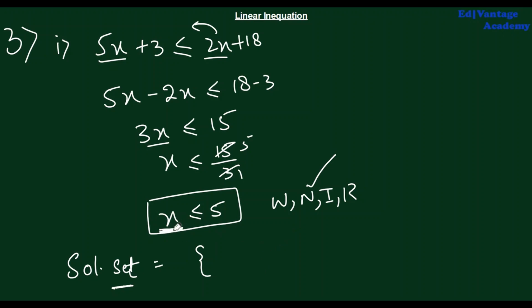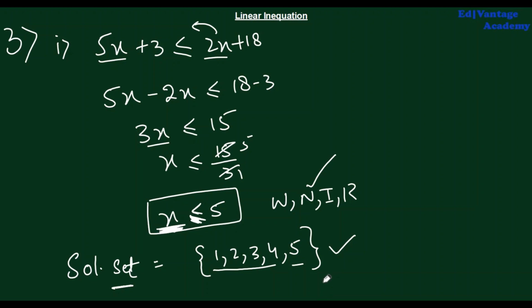So x is a natural number but less than or equal to 5. What are the natural numbers less than or equal to 5? 1, 2, 3, 4 and 5 also, because they have put less than or equal to, meaning all the numbers which are less than and equal to 5. This is your solution set.